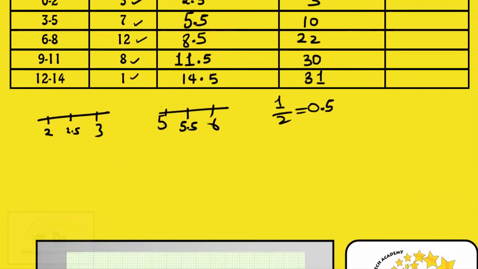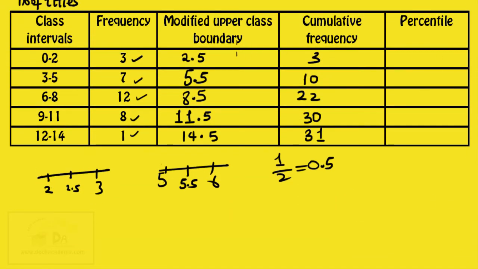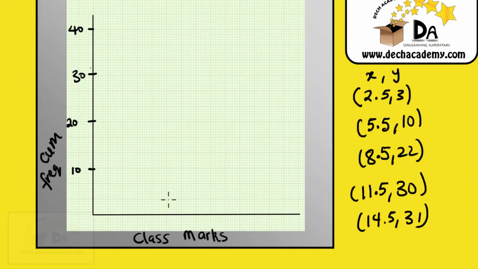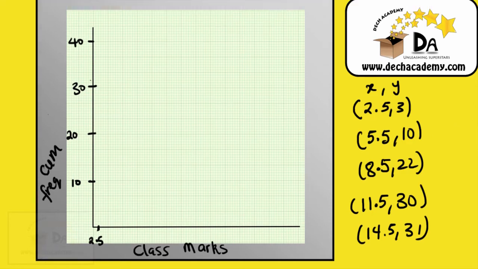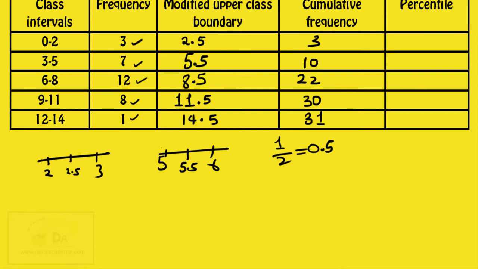And then for the upper class boundaries, we need to be able to go from 2.5 to 14.5. This time I'm just going to start from here, so 2.5. I need to get up to 14.5. So I'm going to use intervals of 3.